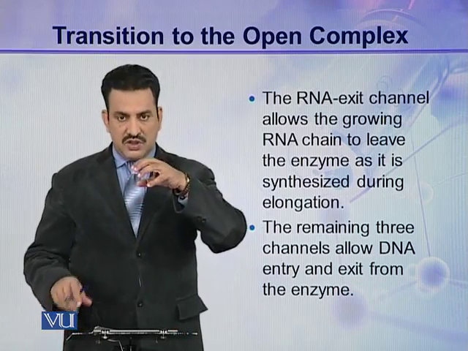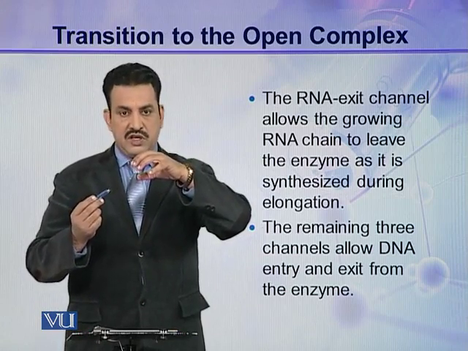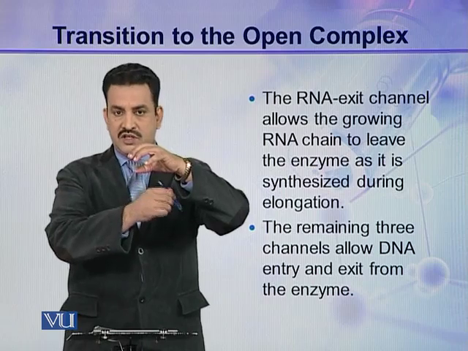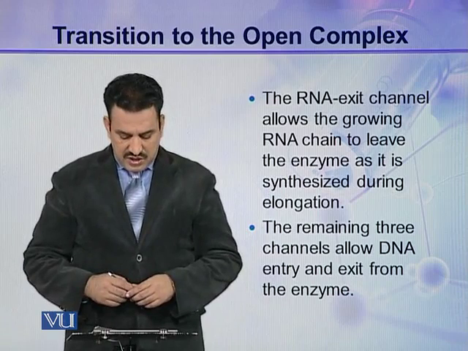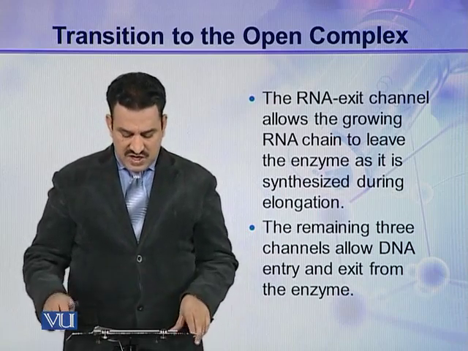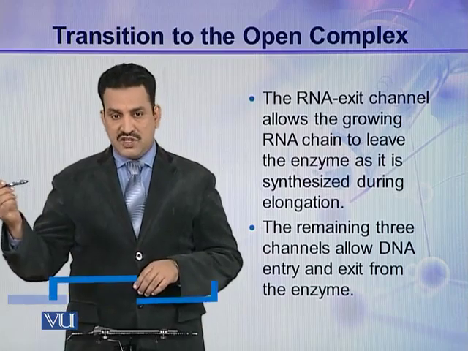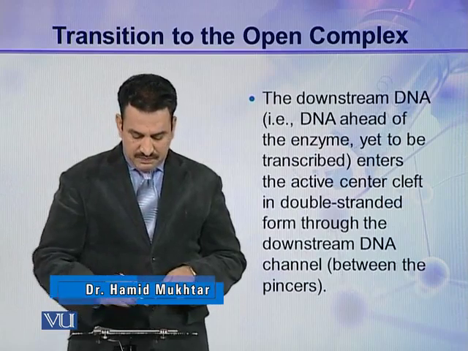So if this is the complex, here you can see the NTP channel, and then here you can see the RNA exit channel. The remaining 3 channels allow DNA entry and exit from the enzyme. So DNA also enters into the enzyme and exits from the enzyme.